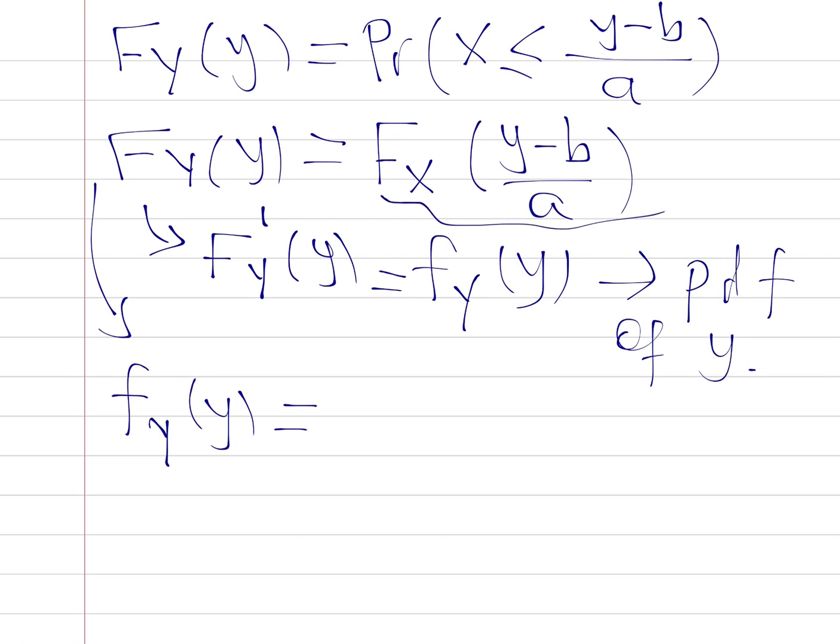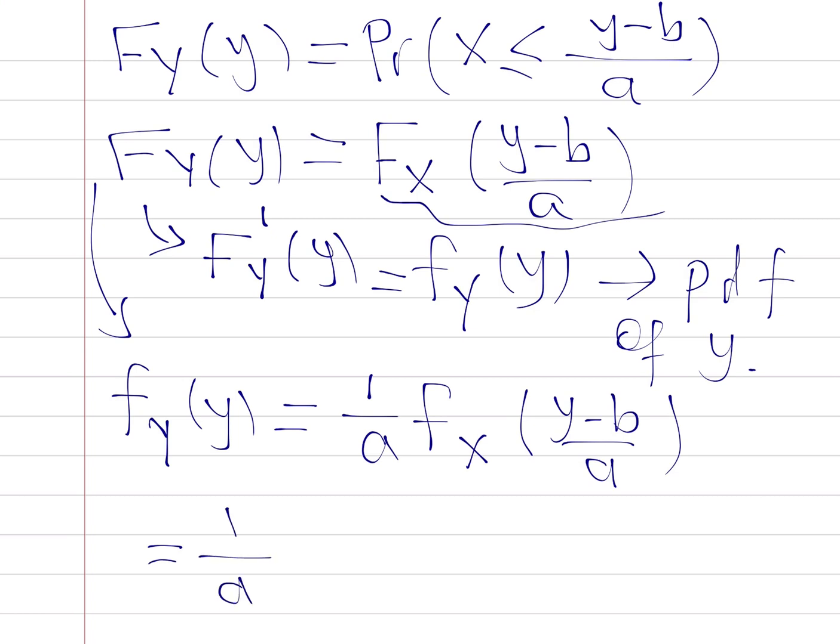So we need to differentiate this with respect to y, and this will be 1 over a times f_X of y minus b divided by a.